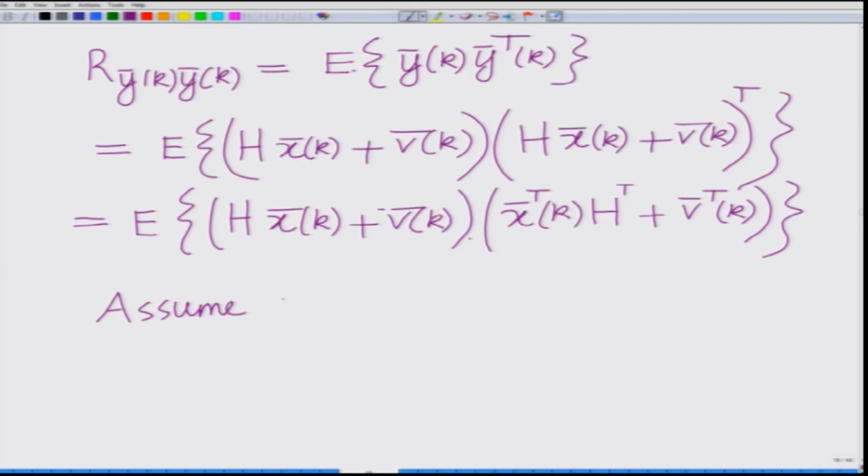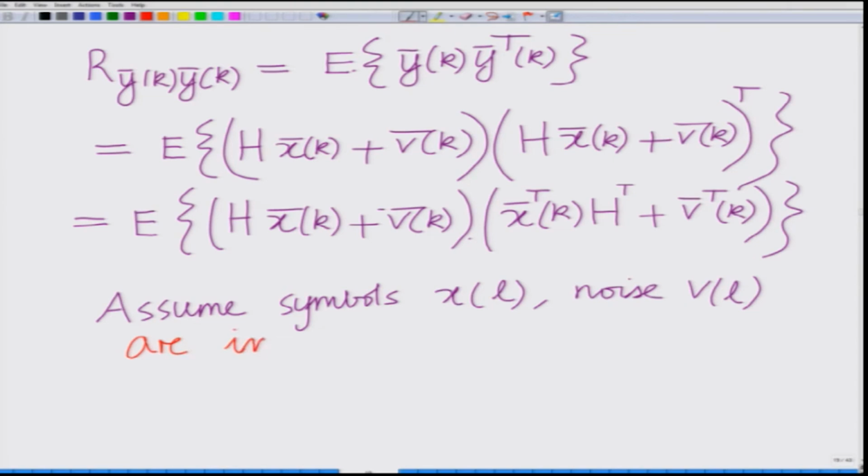Okay. Now what we are going to do is also assume the standard assumption: assume the symbols x_l and the noise v_l are uncorrelated. In fact, they are independent. So let us assume they are independent. In reality, the symbols are transmitted by the transmitter, and the noise is at the receiver.